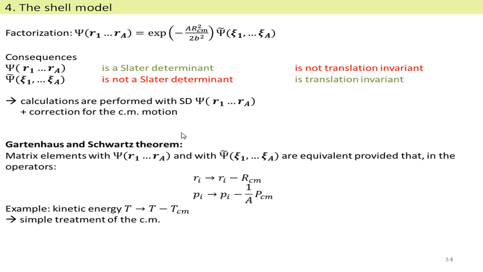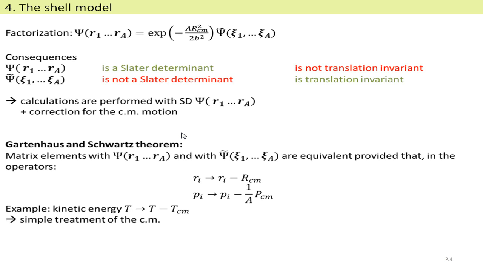An example is the kinetic energy: you have to replace in your operator T by T minus TCM. The conclusion is that you can treat the center of mass rigorously and exactly with simple tricks. This is one of the main advantages of the shell model. All center of mass problems can be easily solved. Okay, I think it's a good moment to have a coffee break, and if you have any question.